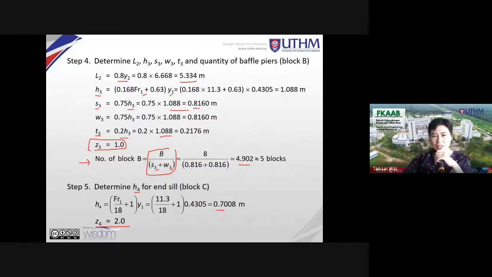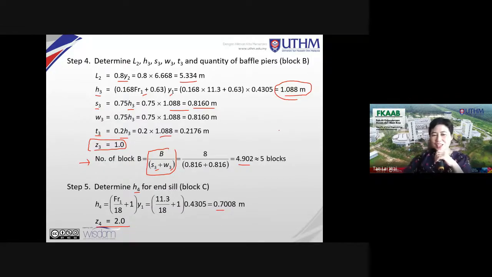And how about this? The buffer piers are even larger, which is double the tube blocks. If you look at the height here, it is more than double your tube block just now. So it's as high as some of us. So you have about 1 meter.